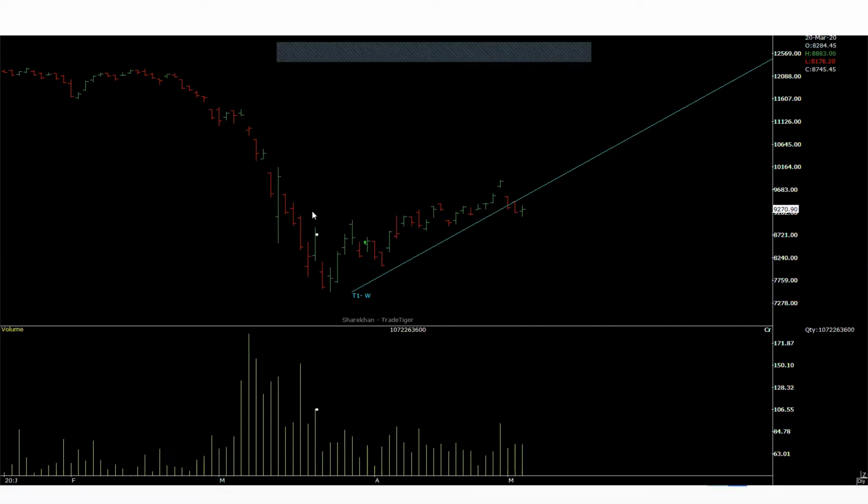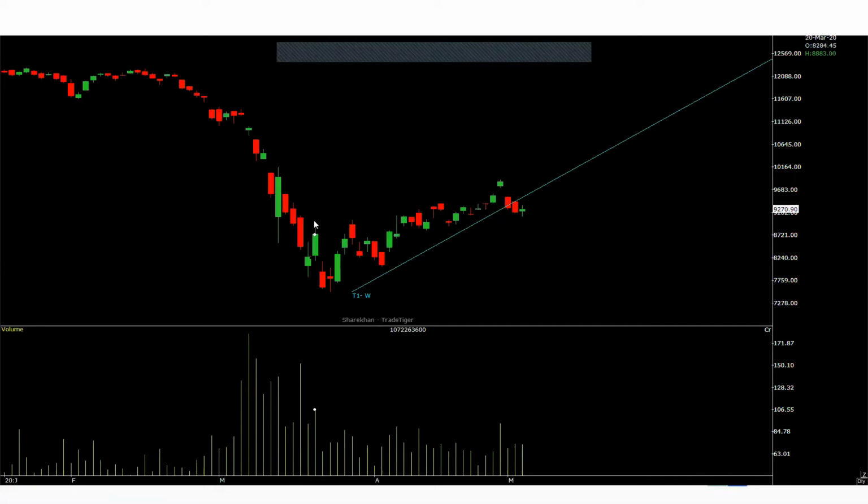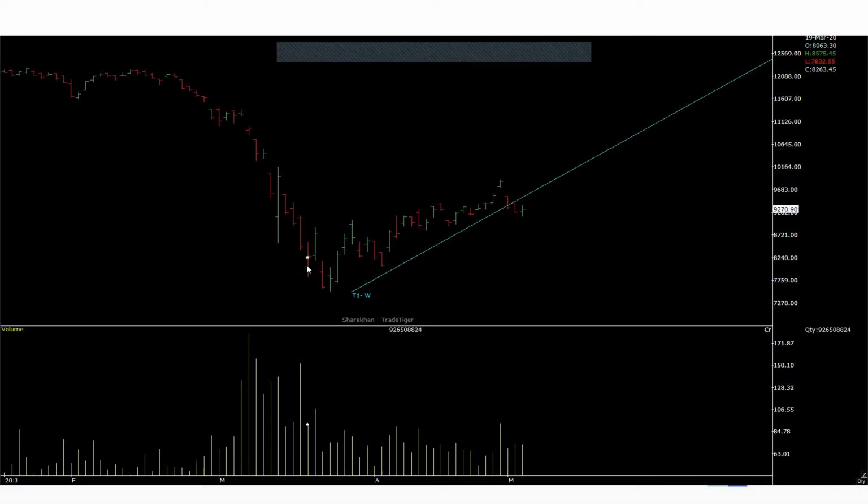Whenever you convert into candles, you see this is a green candle. But whenever you convert it to a bar, it is red. That means it is closing below this level, which means a significant decline is there. So you need a bar for this reason.